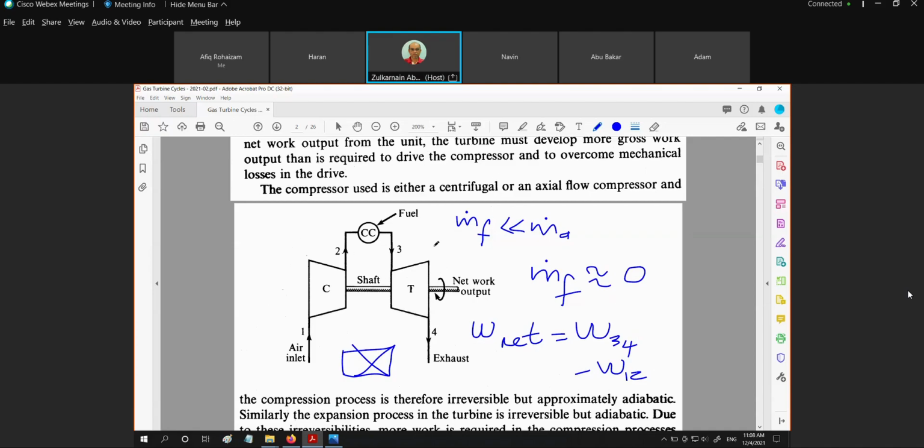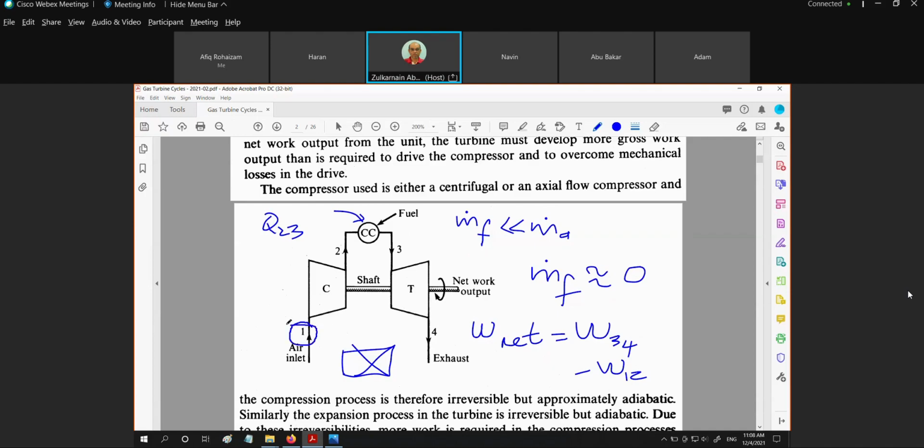If you want to evaluate the performance of this plant, then we need to know the Q being input to the combustion chamber, which is referred to as Q23. For the compressor work, W12 is equal to CPA (T2 minus T1). For Q23, it is CPG (T3 minus T2). For the turbine, W34 is equal to CPG (T3 minus T4).